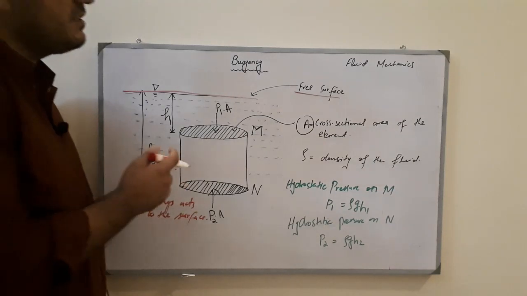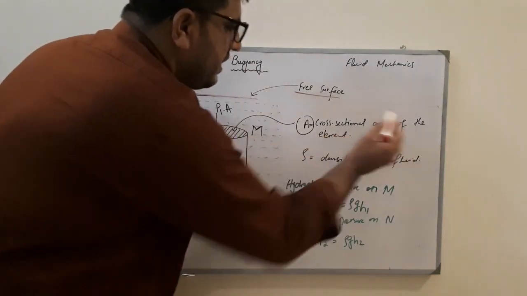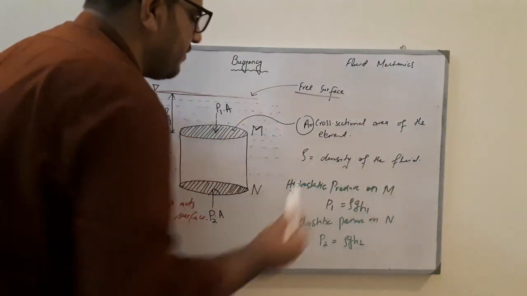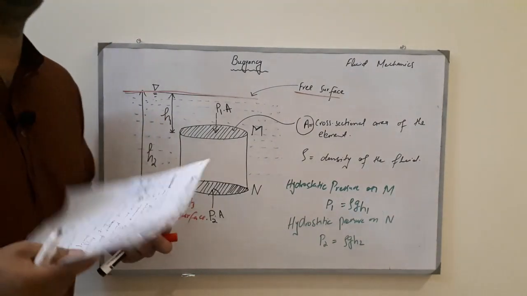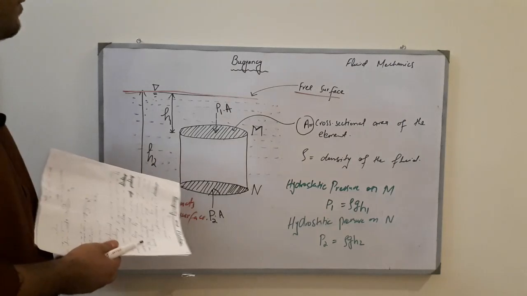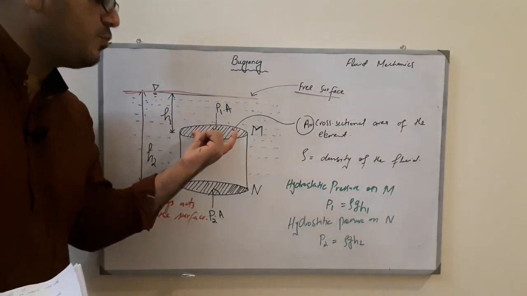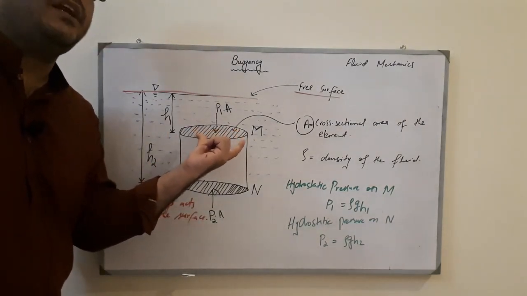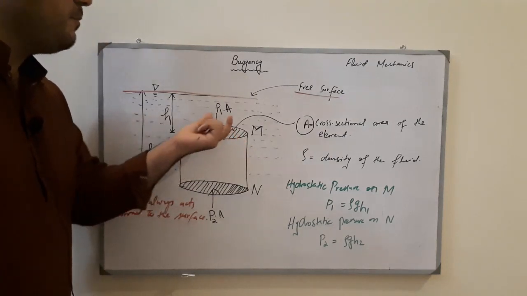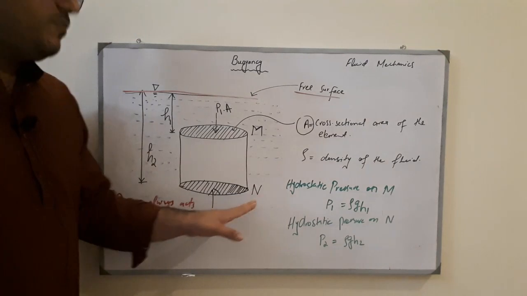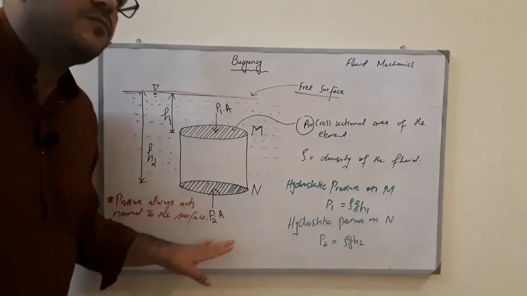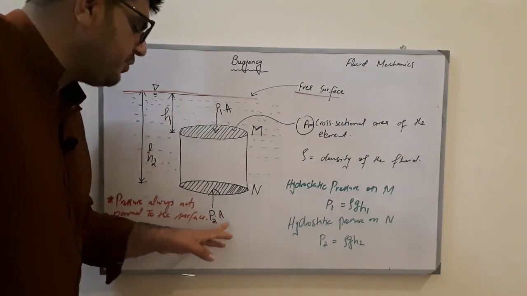Here A is the cross-sectional area of the element and rho is the density of the fluid. We know that force is pressure into area. So the force at the cross-sectional area M will be P1 into A, and at point N it will be P2 into A.